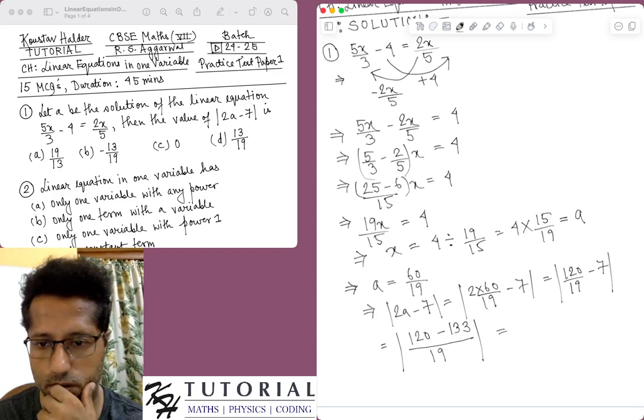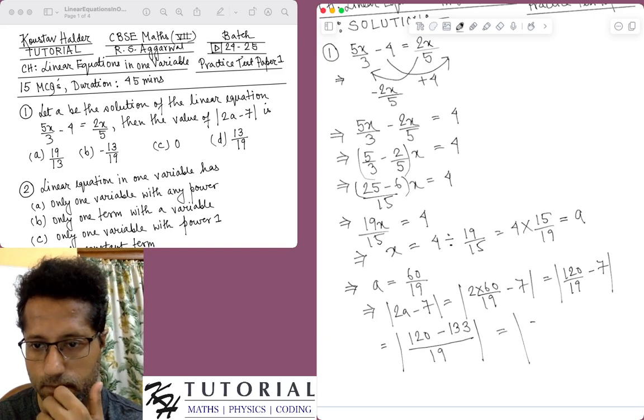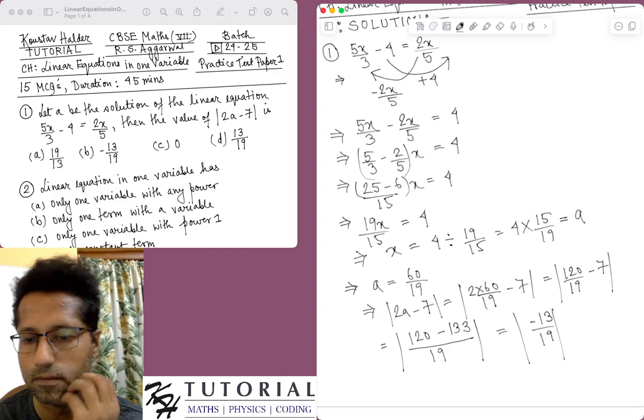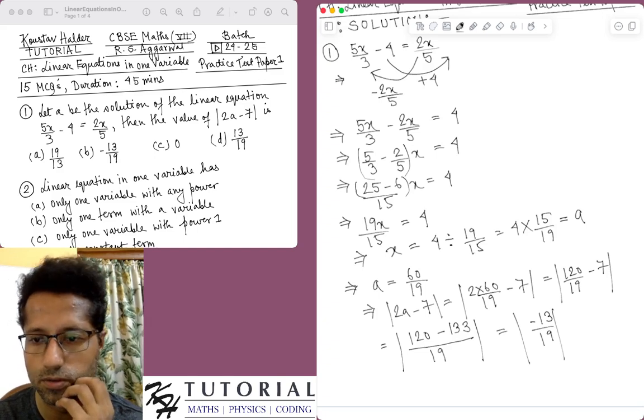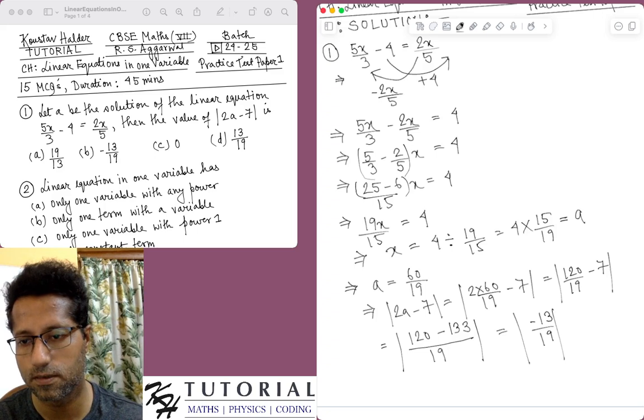This is mod of minus 13 by 19. So mod of minus 13 by 19 is 13 by 19.